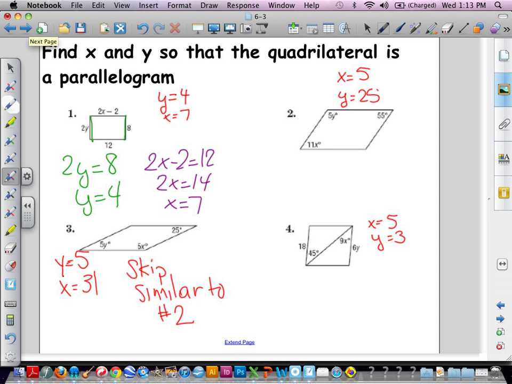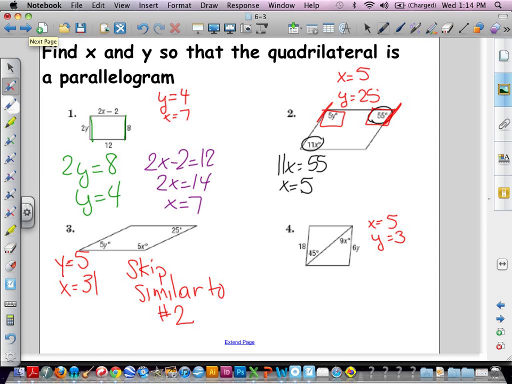Moving on to number 2. Opposite angles are equal. 11x equals 55, x equals 5. To find your y, you're going to have to take adjacent angles. They would be supplementary because the lines are parallel.